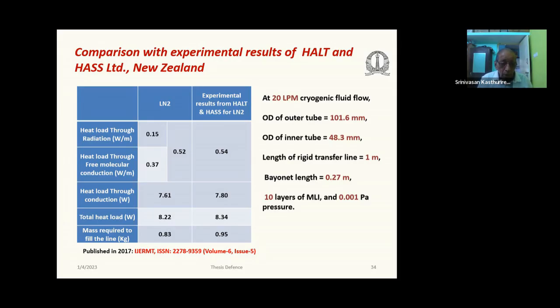The mass required to fill the line is 0.83 kg, whereas experimentally it is measured as 0.95 kg. So you can see there is very good agreement between the heat transfer that has been calculated and the heat transfer that has been measured in the developed transfer line.